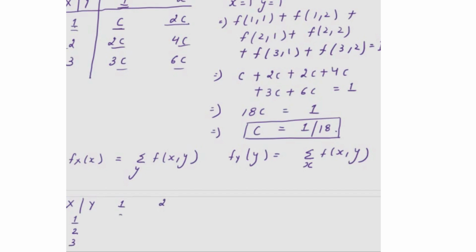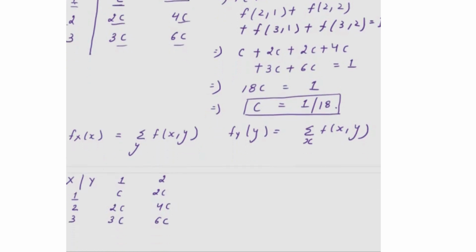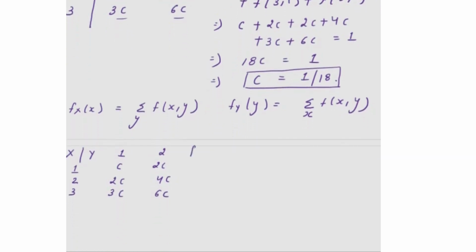Here I'm simply writing c; after that we'll substitute the value of c. Then we have 2c, 4c, 3c, 6c, where c is nothing but 1 by 18. So for fx of x, simply take this, and here we have fy of y.